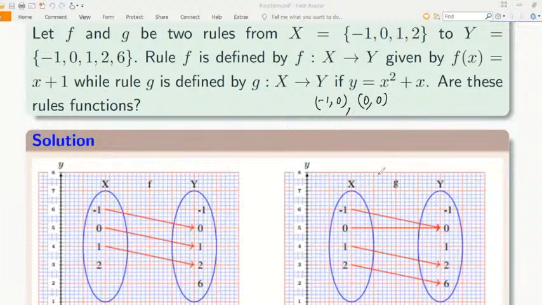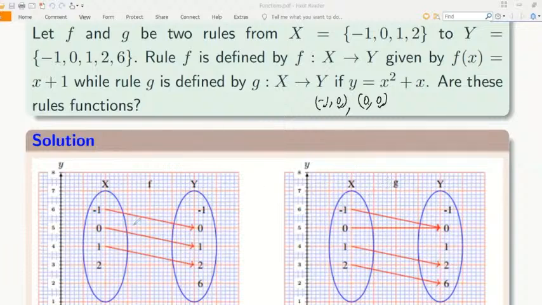There's no problem there because the definition only talks about the object. The definition only says that every object must have a single image. This object has a single image, and this object has a single image. So there's no problem there. It remains a function.